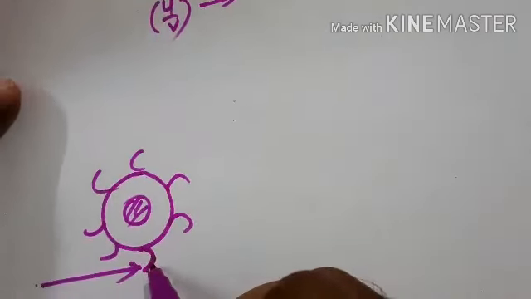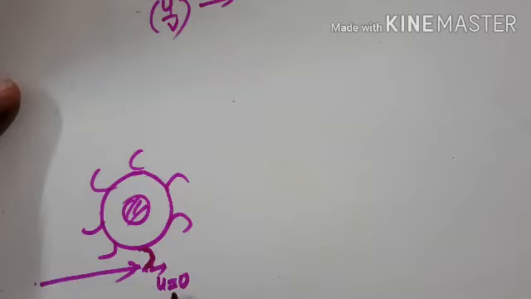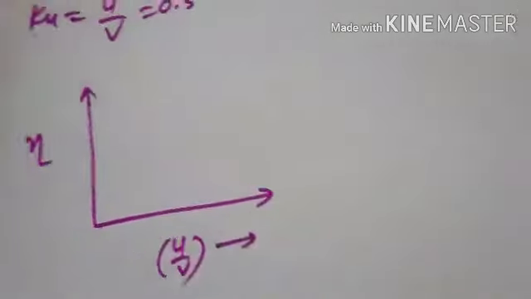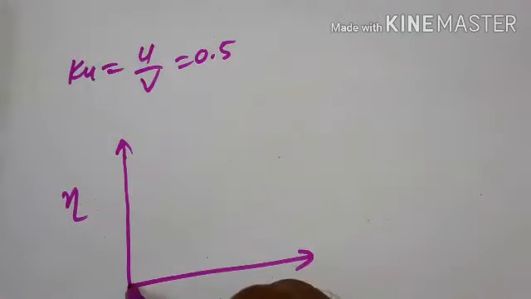If these buckets are stationary, then the velocity of the vane will be 0. When the velocity of the vane is 0, what about the efficiency? Efficiency will be 0.